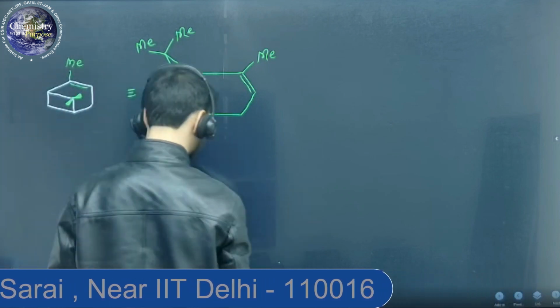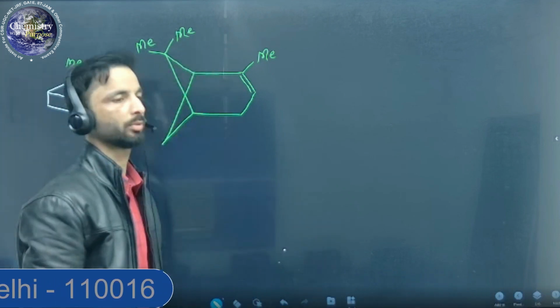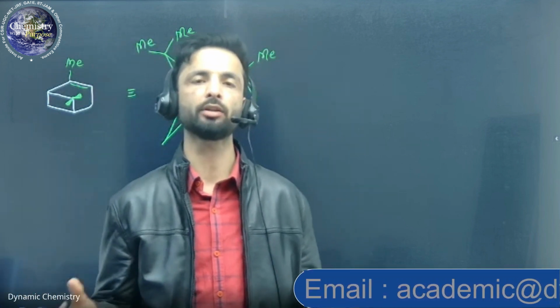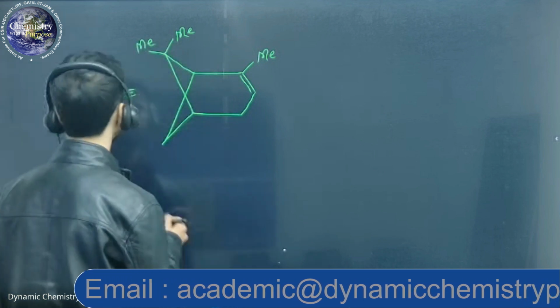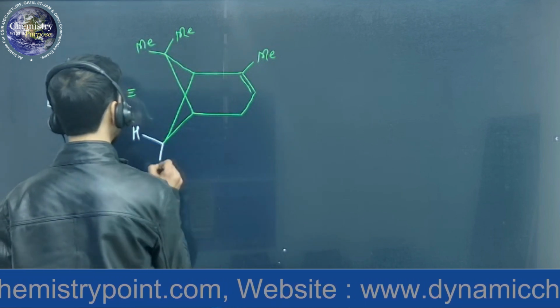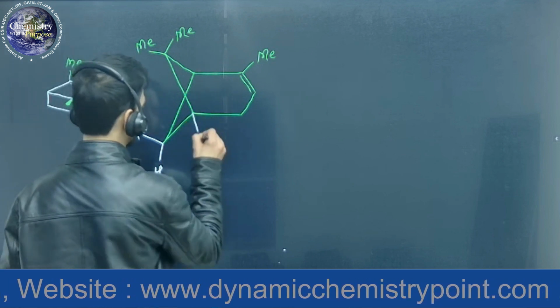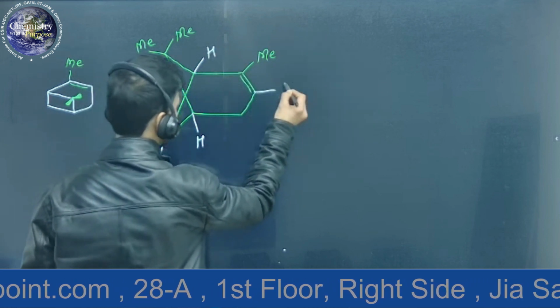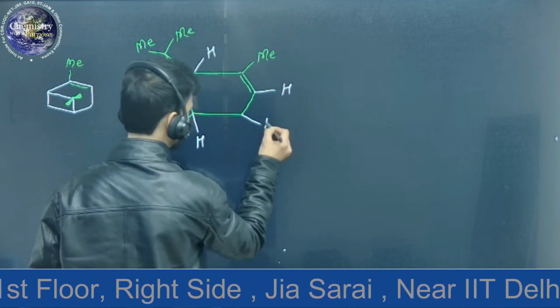Now the question arises, how many signals? Whenever we talk about signals in case of PMR, CMR, or even DEPT, as already told you, first of all we have to find out the number of hydrogen atoms.